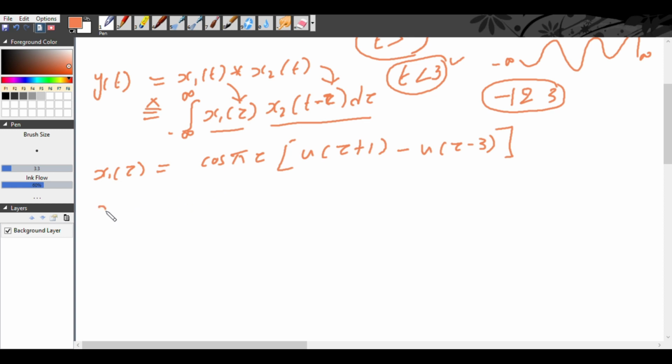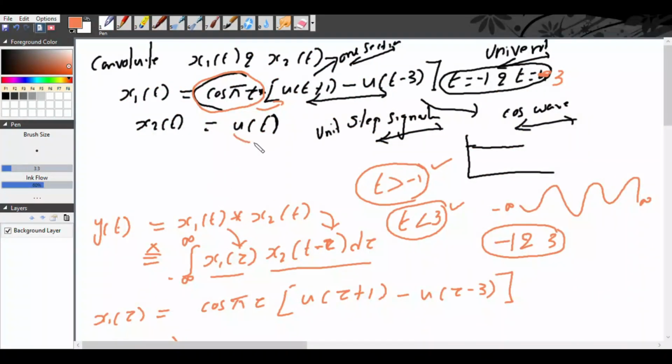So x2 of t minus tau, what is it? x2 of t is u of t, this one. But what we need is this one. Why is this like this? So let's try to write x2 of t minus tau.